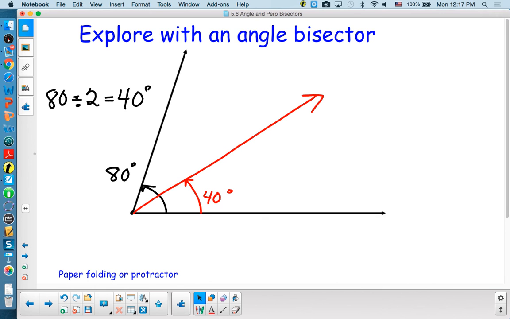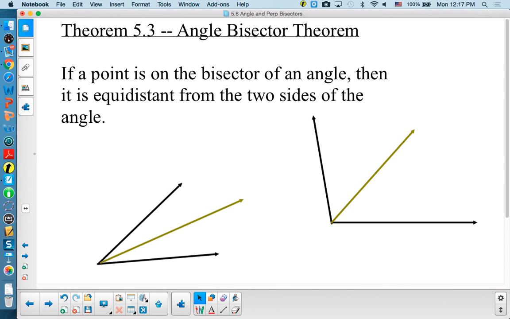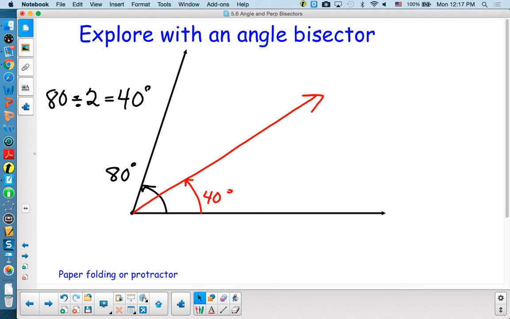Okay, now that we have an angle bisector, we're going to try and see if we can get this bisector idea understood. What it's going to talk about is a point on the angle bisector is the same distance from each side of the angle.